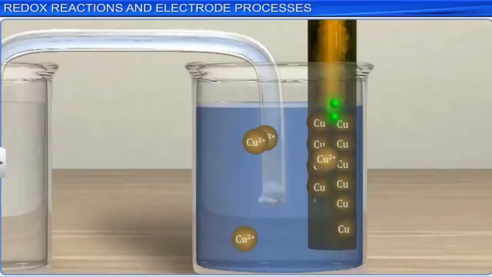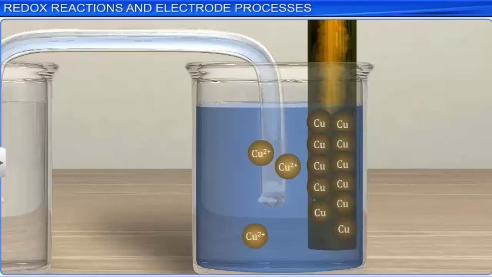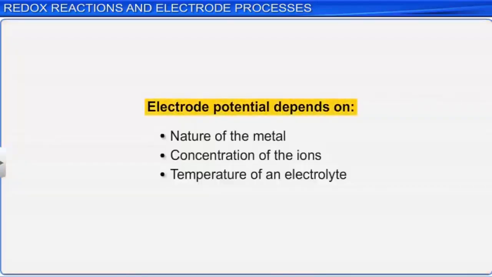The potential of any electrode, commonly known as electrode potential, is the potential difference between it and the electrolyte surrounding the electrode. The electrode potential depends on the nature of the metal, the concentration of the ions, and the temperature of the electrolyte.